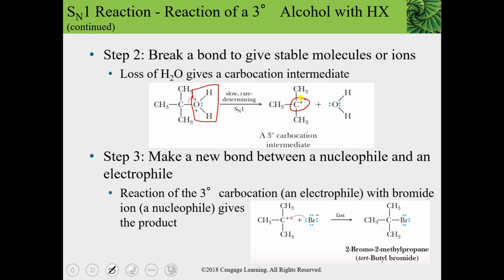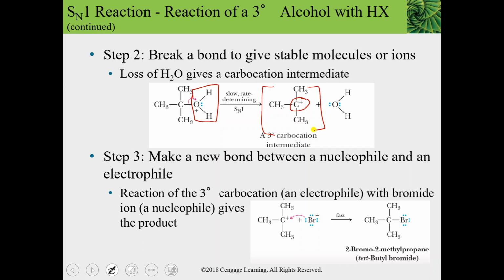And in this case, it's a very, very stable carbocation because that's a tertiary carbon. Water is a product. Here is our carbocation intermediate. There is no need for any shift of any kind. Frankly, there's nowhere a shift could occur. And a tertiary carbocation is the most stable.